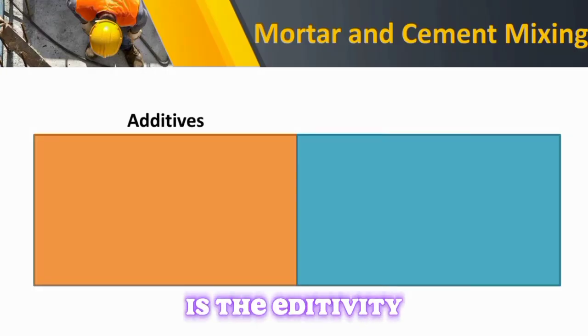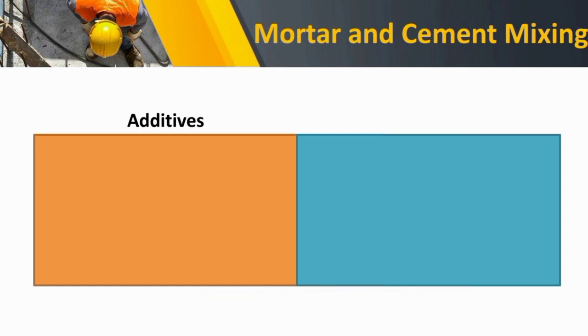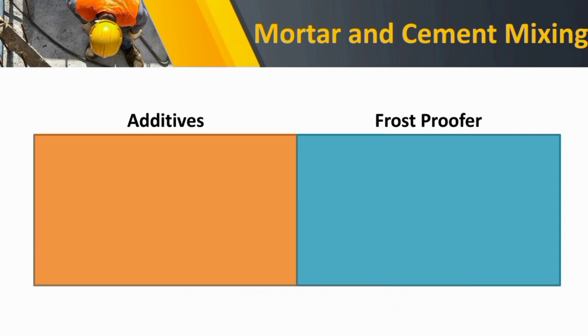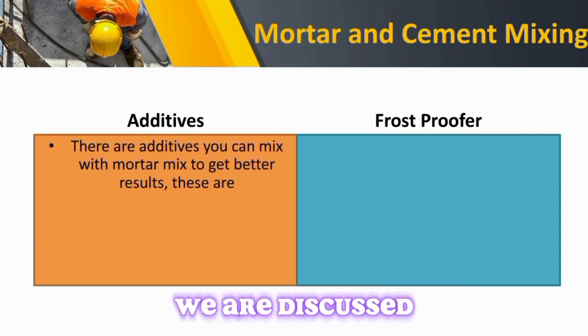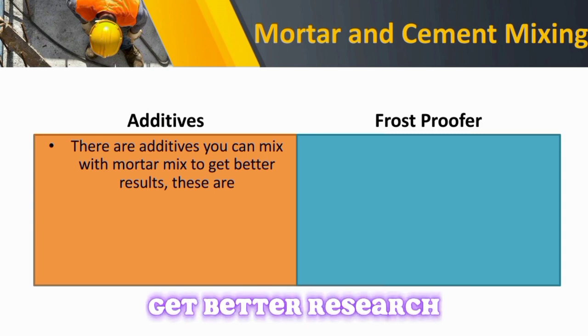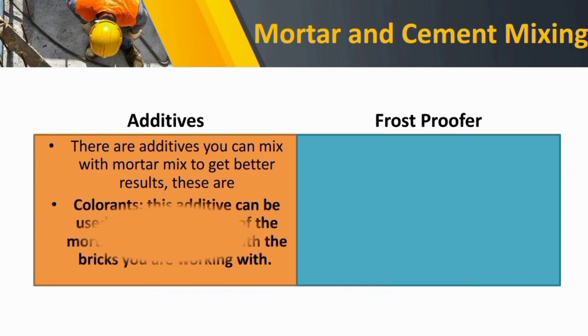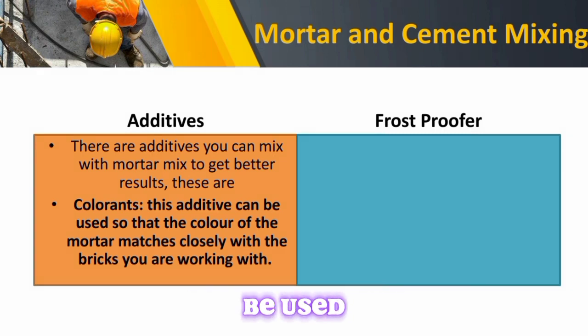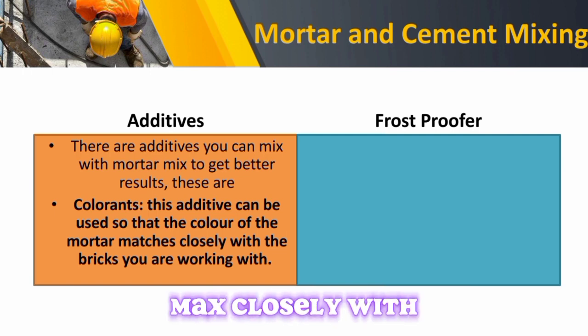The next topic is additives. First of all, we have discussed additives. There are additives you can mix with mortar to get a better result. Colorant can be used so that the color of the mortar closely matches the brick you are working with.